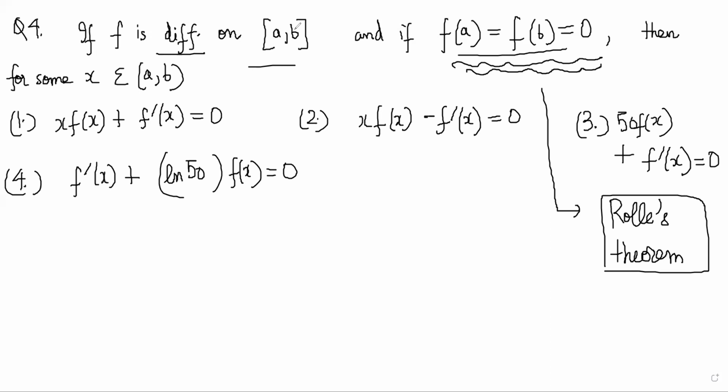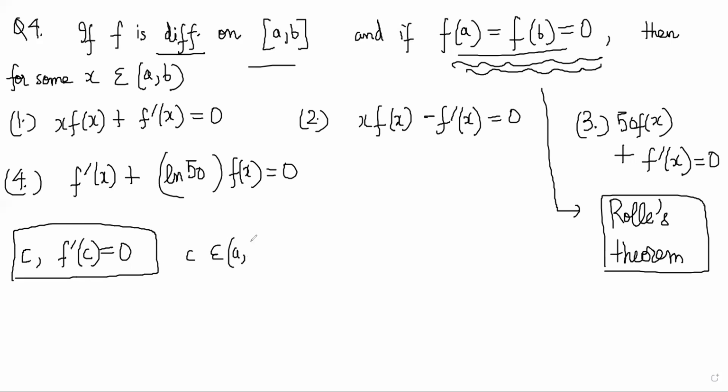Now the point of Rolle's theorem is you can take a function and tell there is a c such that f dash c is 0, where c belongs to (a, b). That is what the conclusion of Rolle's theorem is saying. But the problem is that the things given in the options look a little different from your normal thing.